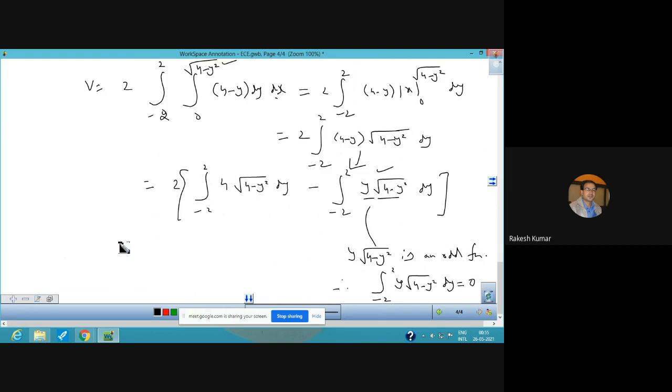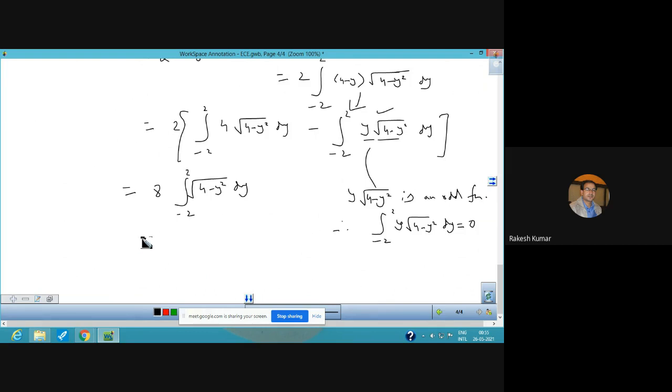So this will have 0 value, and you will have 4 times 2 is 8, times the integral from minus 2 to 2 of square root of 4 minus y square dy. And because this is an even function, this will be written as 2 times the integral from 0 to 2 of square root of 4 minus y square dy. Now this becomes 16.